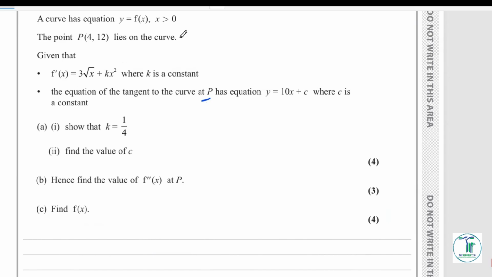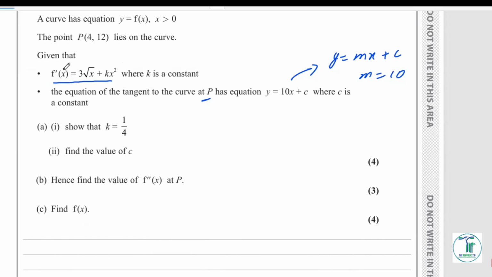If both of these, the curve and this line, are tangent, what does that mean? Their gradient has to be the same. So if you're going to compare this equation with y is equal to mx plus c, the gradient comes out to be 10. So what does that mean? That the gradient of this curve would also be 10, because the curve and the line are tangent and parallel to each other.